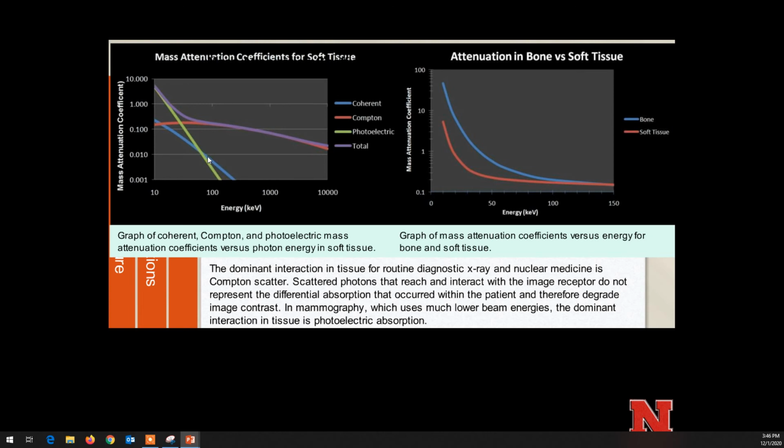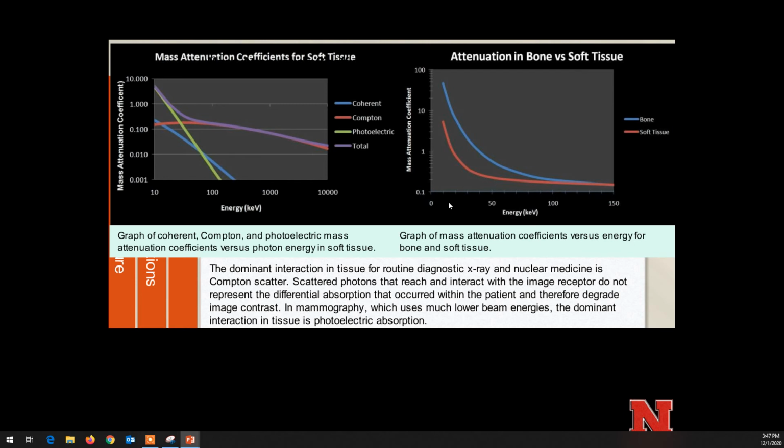And really at the very high energies, once you get above 50 to 60 keV, it's mostly Compton scatter. So if we're doing a maximum kVp of 120, for example, for a CT scan, the dominant interaction in the room is going to be Compton scatter from those higher energy photons.